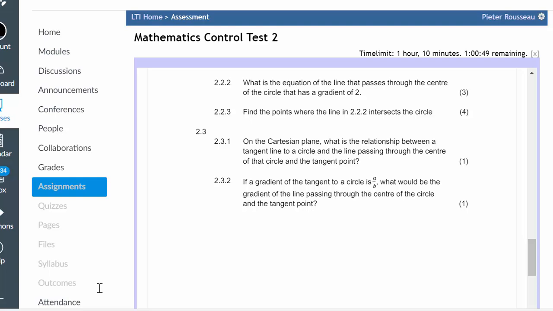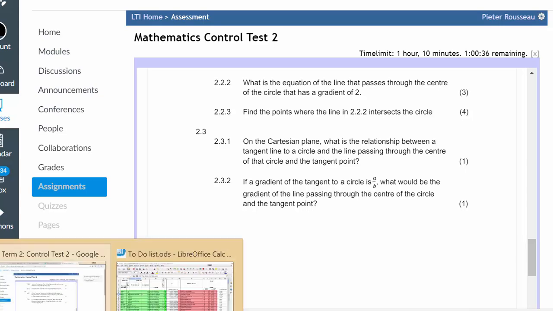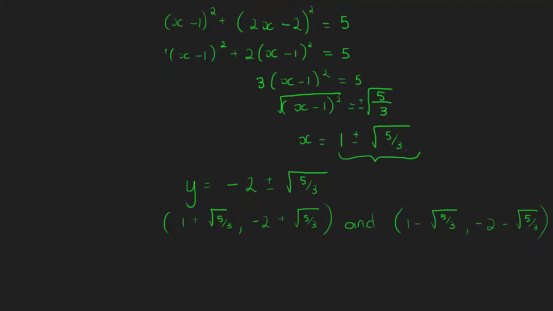Okay, on the Cartesian plane, what is the relationship between a tangent line to a circle and the line passing through the center of that circle and the tangent point? If that's a little bit confusing, then draw it for yourself.